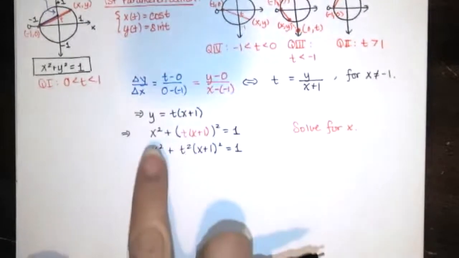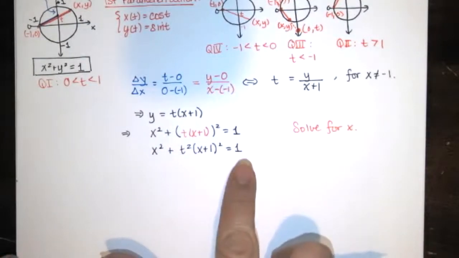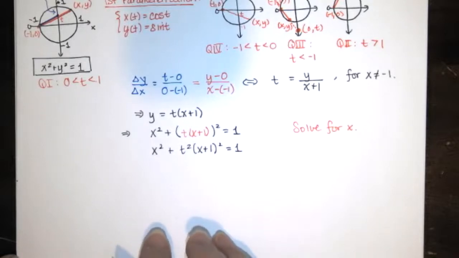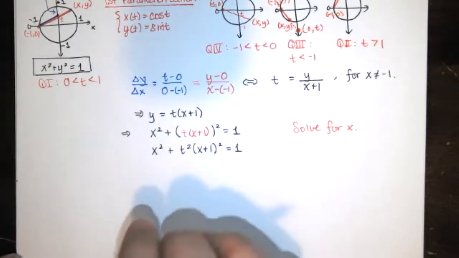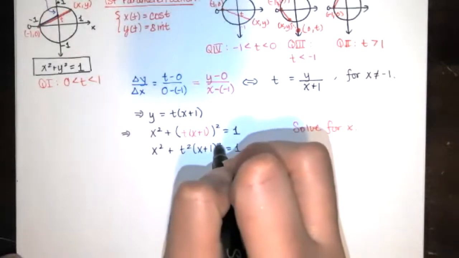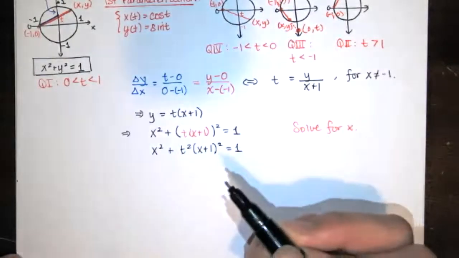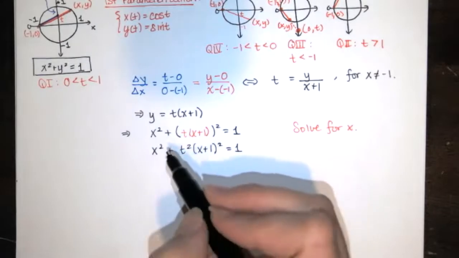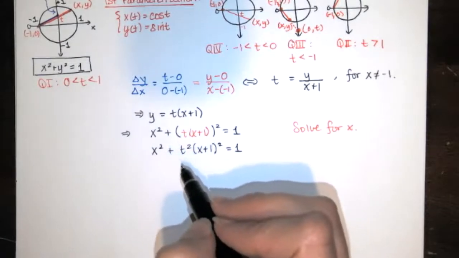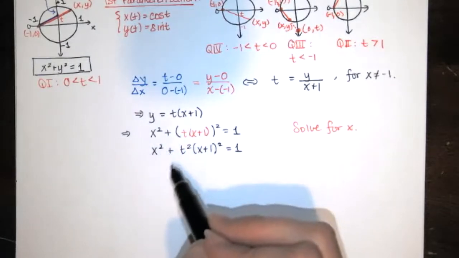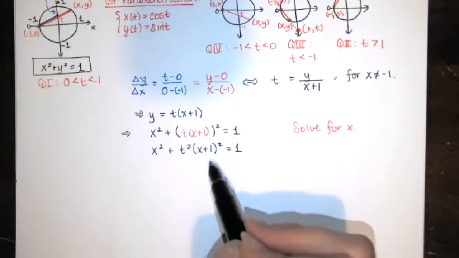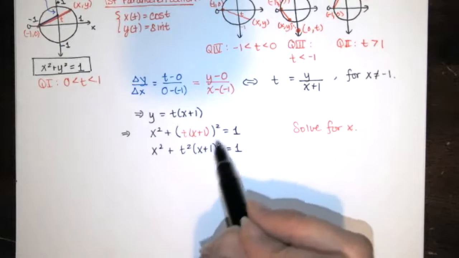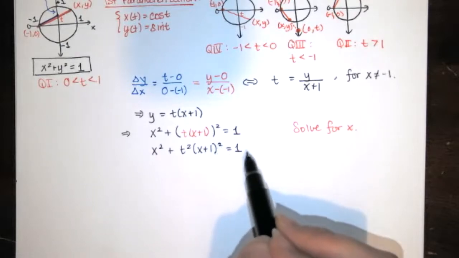Now, we want to solve this equation for x in terms of t. Now, this is quadratic in x. It might not be obvious it's quadratic in x, but if you think of t as a fixed value, so t has some particular value, this is x squared plus a constant times the quantity x plus 1 squared, which is x squared plus 2x plus 1 if we FOIL, and that equals 1.